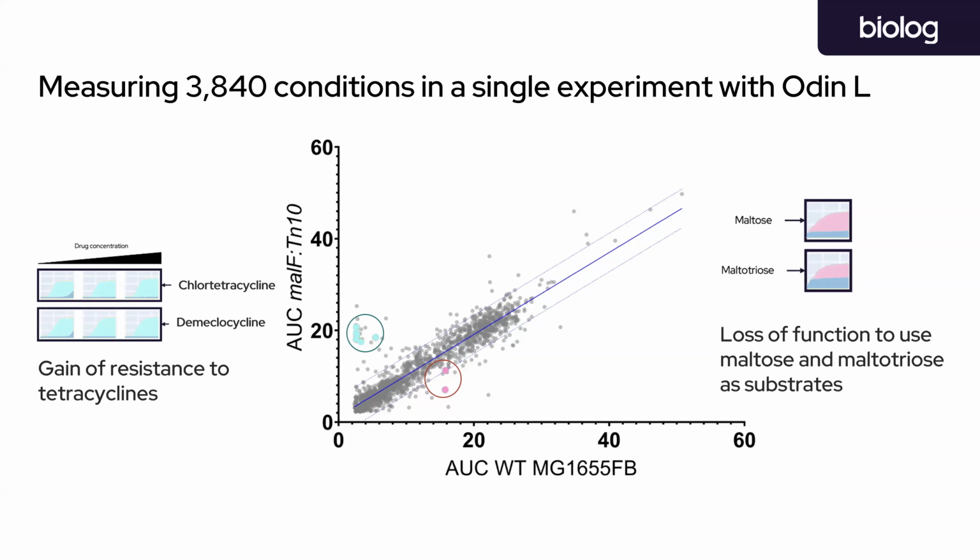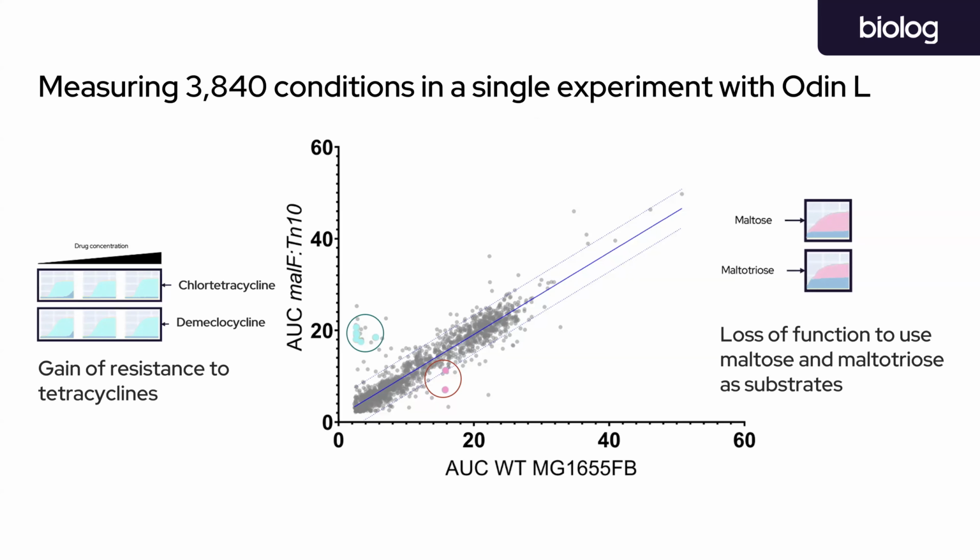So on the right, you can see those are the two curves that show that, yes, the mutant strain has lost the ability to use maltose and maltotriose, which comes in by the same transport system. And of all the conditions we're comparing, these two that we've colored in pink really stand out as outliers. At the same time, we saw another phenotype stand out that we've colored in blue.